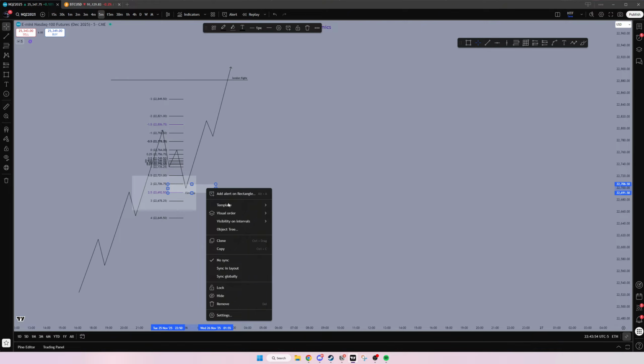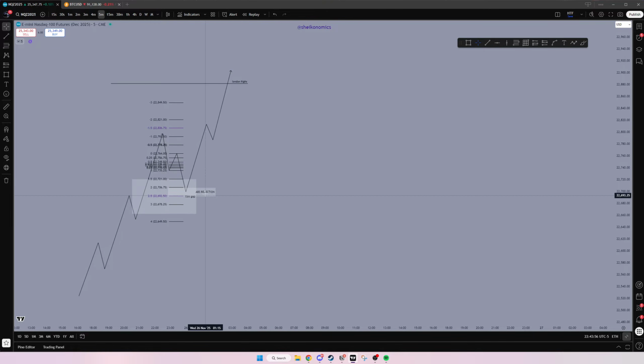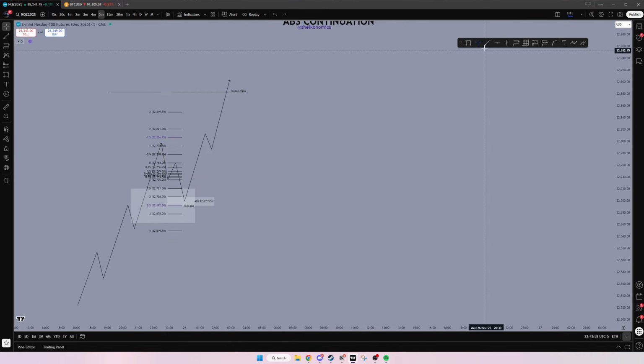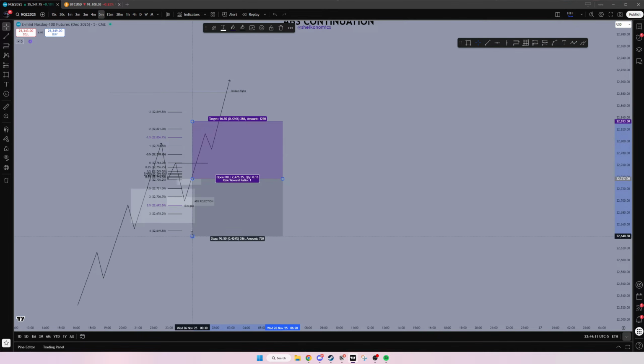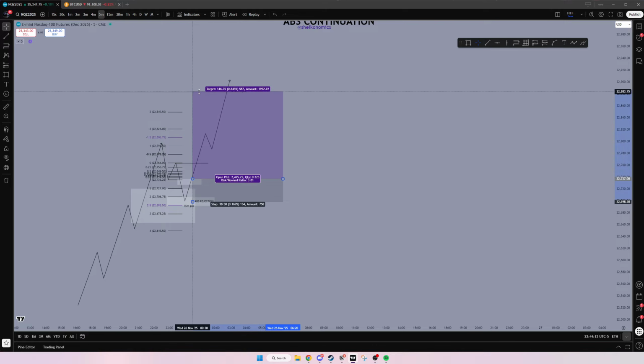So this right here is your ABS rejection. And then you pair this rejection with other confluences, same way that we were doing on the reversal. So you can get an inversion out of this, a CISD. We could have an SMT inside this gap too. And then that would be your entry targeting your original drawn liquidity.